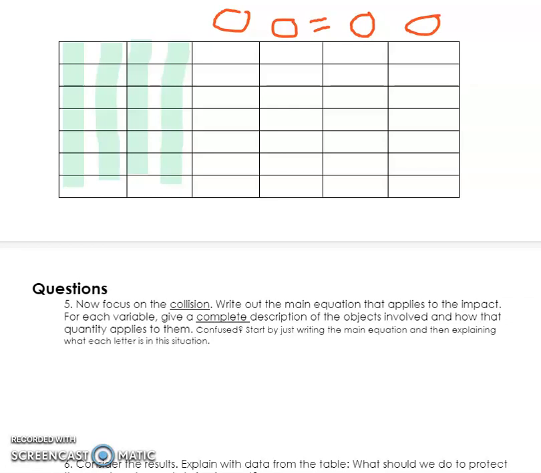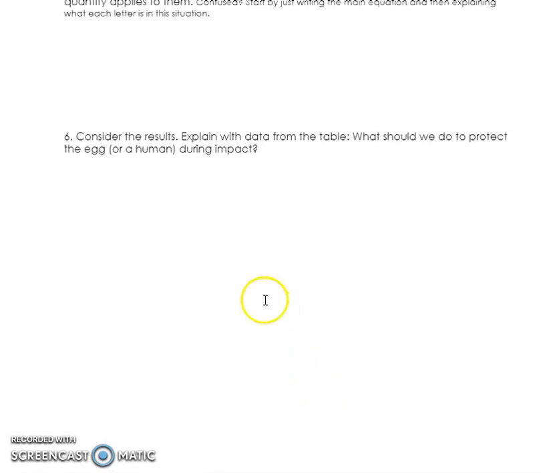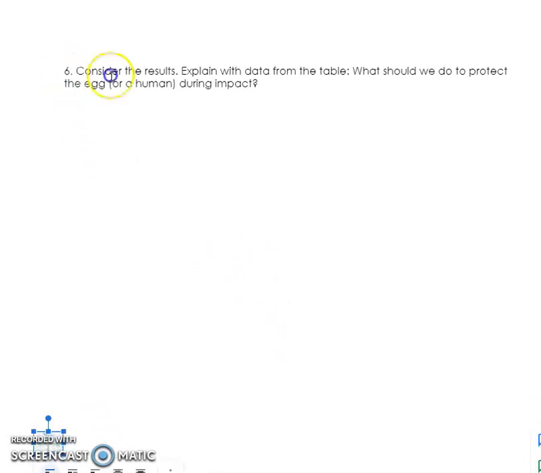You can solve and you can find what these times are. And that's a major, major hint. That's going to relate to what you put down here, explaining from your data table. What should we do to protect the egg?